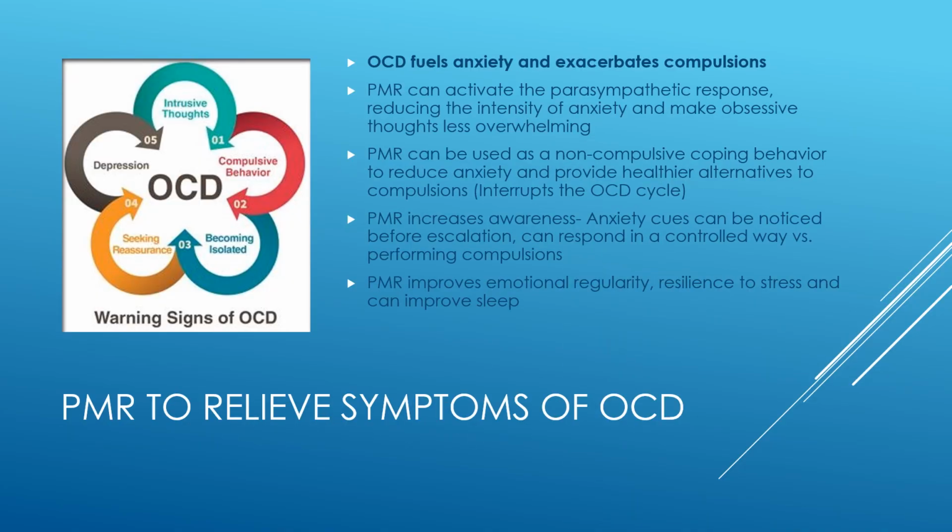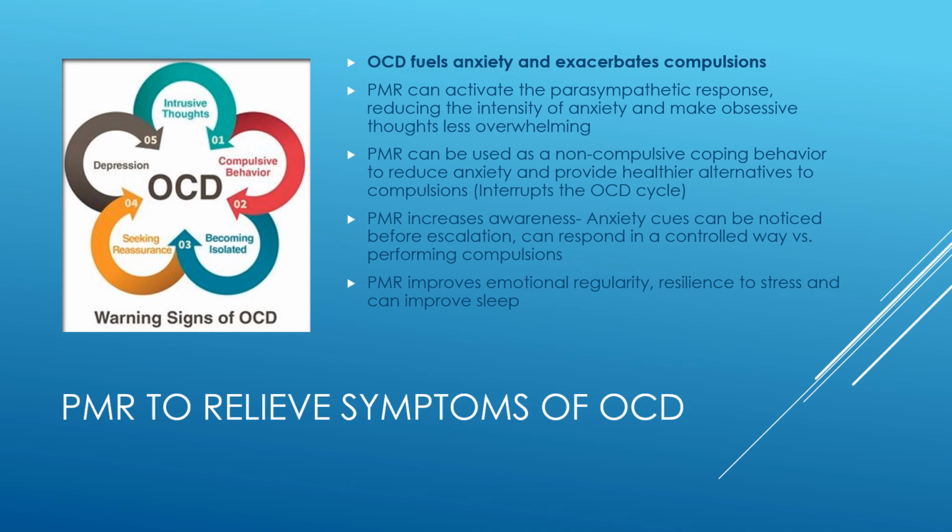How can this help patients with OCD? OCD fuels anxiety and exacerbates compulsions. Like my patient who performed compulsions of checking the door locks and the sink, his sympathetic response would be activated as fight or flight, causing repeat compulsions.